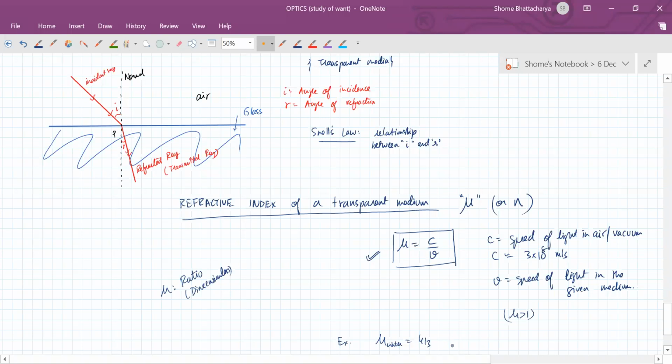So that means that speed of light in water will be c by mu. So that will become 3 into 10 raised power 8 divided by 4 by 3, or 9 by 4 into 10 raised power 8 meters per second.